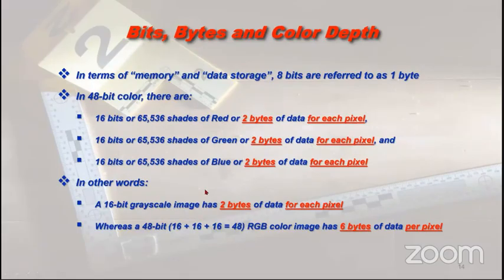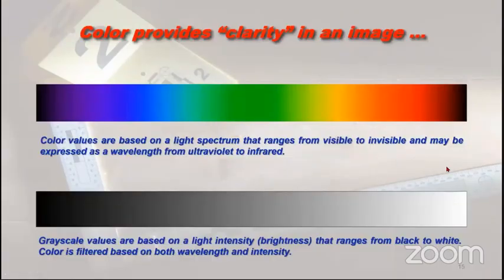So the bottom line is that when we're capturing these HDR values, these high dynamic range images, these can be very large files. So we need to also consider how many files we are going to have when we're going through this process, because we can exceed our storage capacity very quickly.